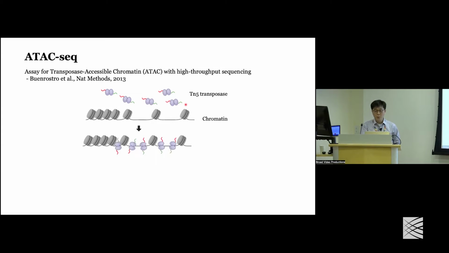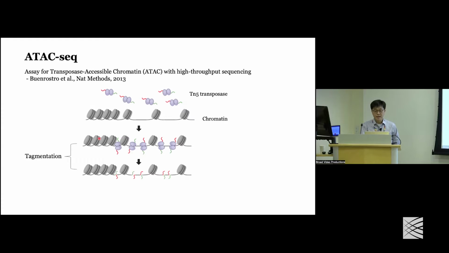Once the transposase binds to the DNA, this enzyme cuts the DNA and then adds the sequencing adapters at the ends of the fragmented DNA. So it's essentially cut and paste at the same time. This process is called tagmentation.